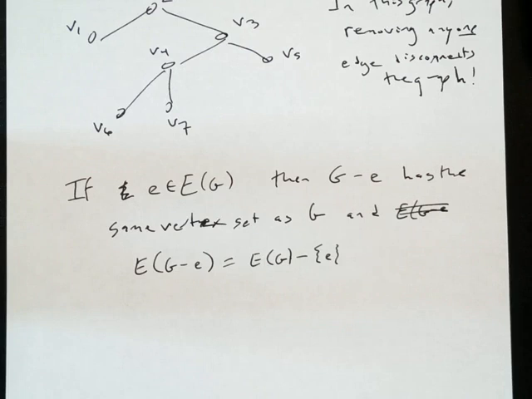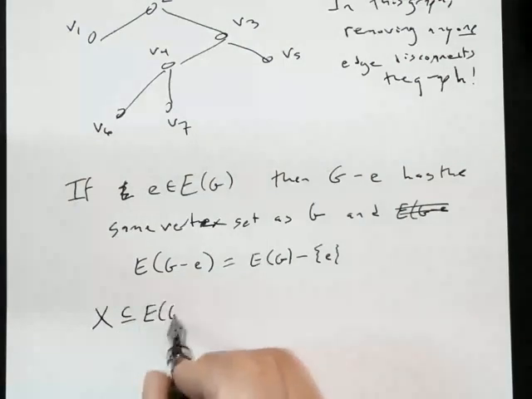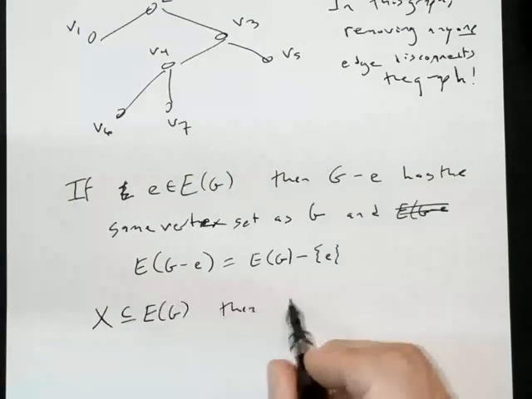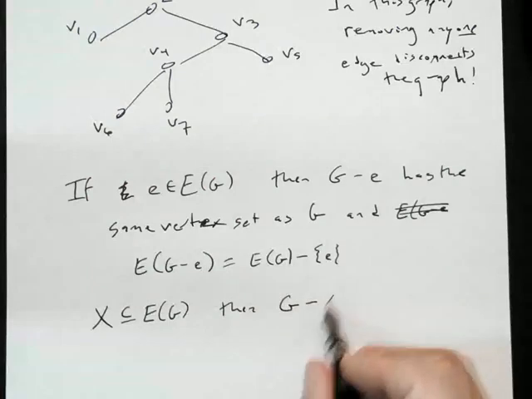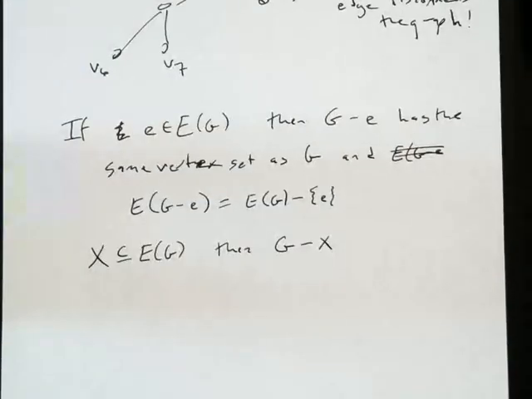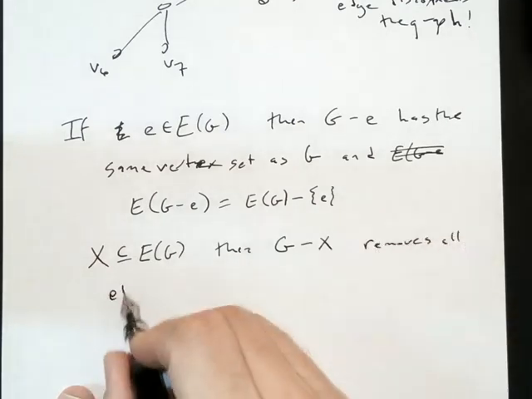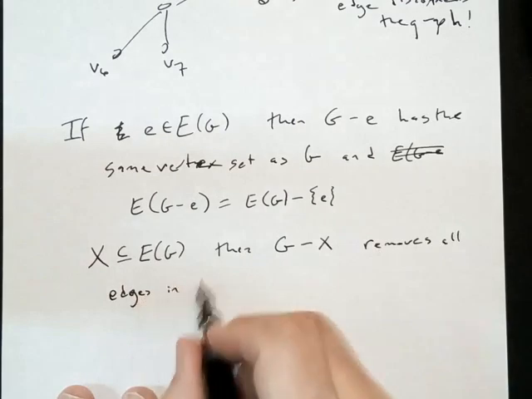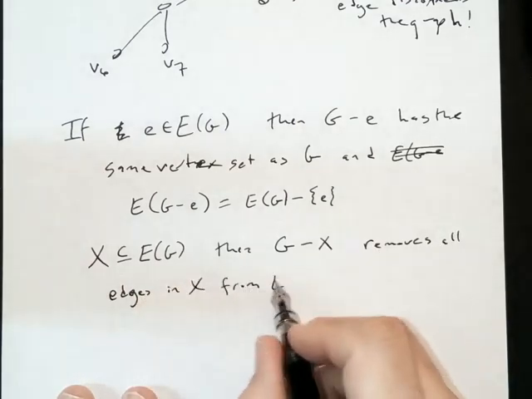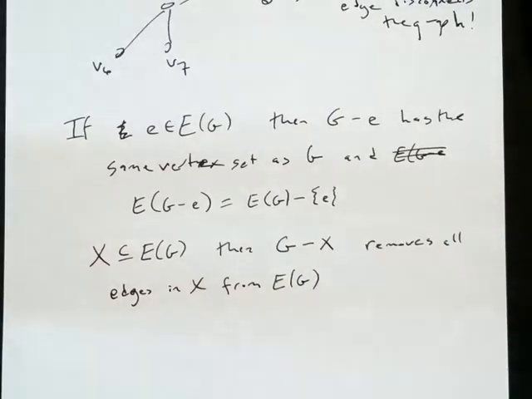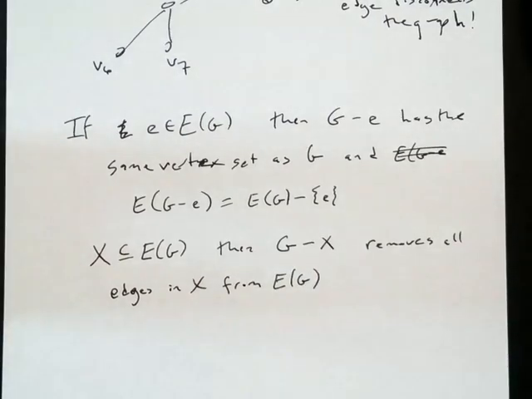If I have a collection of edges, then I can think of G take away X, where X is a subset of edges, as doing the same idea, but leaving all the vertices behind. So the vertices stay the same.